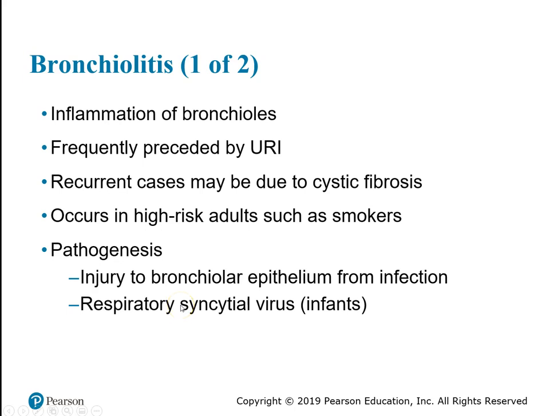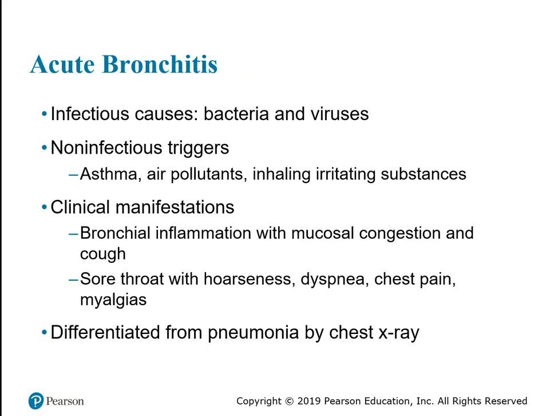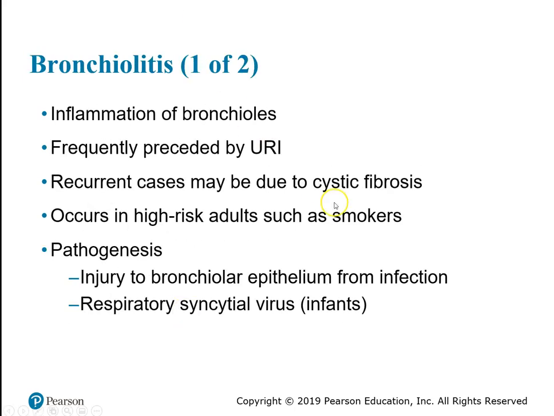Okay, so again, this is of the bronchi here. If we go a little lower, to the bronchioles, hence the name, bronchiolitis instead of bronchitis, which is the bronchi. Bronchiolitis is the bronchioles. So again, further down. You may see this a lot with cystic fibrosis, okay?